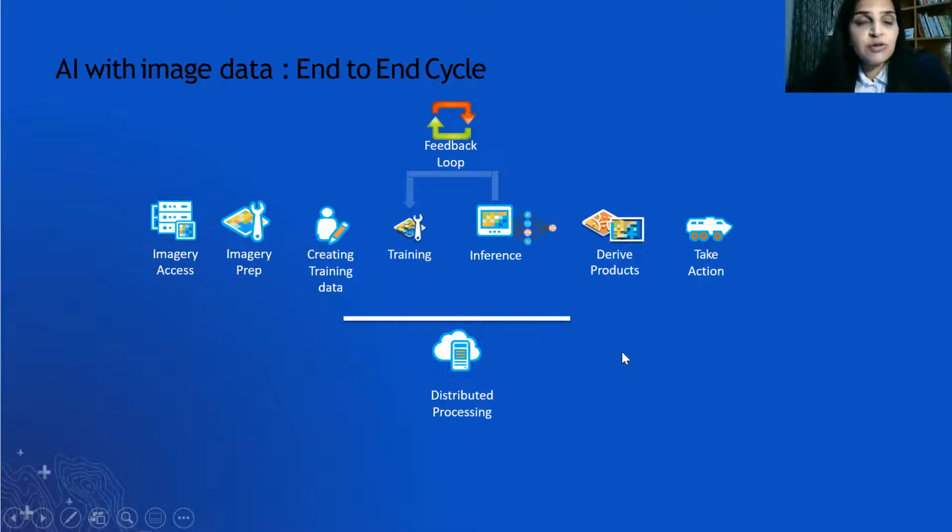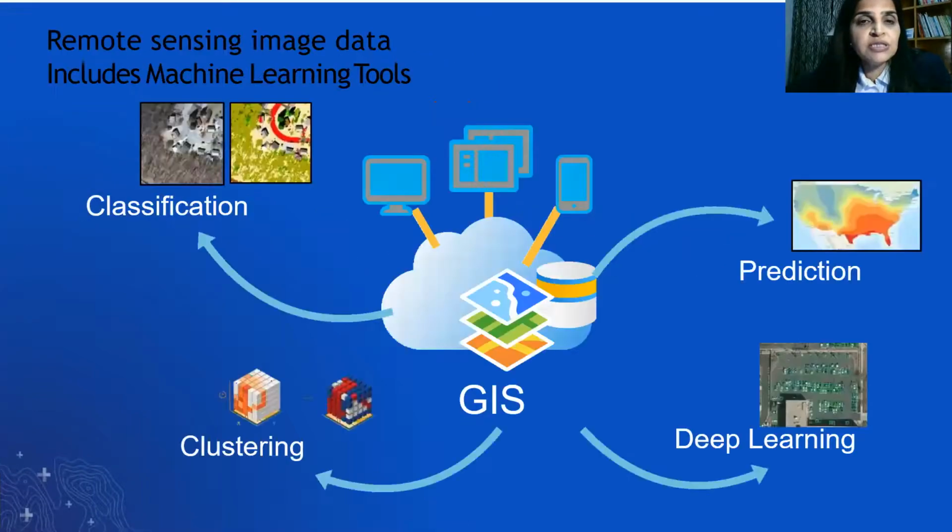Based on this output, we can do whatever function we wanted to do with the image. In remote sensing image data, machine learning tools are used extensively, and we are especially interested in classification of images, which has found application, and in clustering, prediction and deep learning, all are applied.